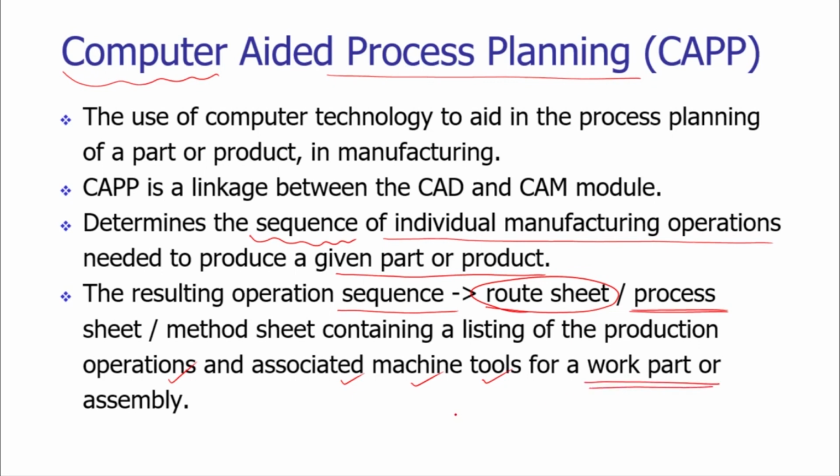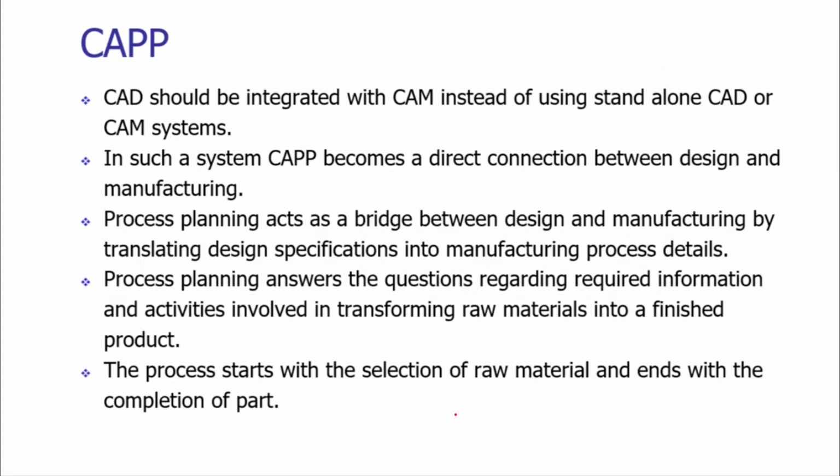the assembly. In general, it is expected that the CAD should be integrated with the CAM. Using the CAD or the CAM software in a standalone fashion will not work. There has to be a mechanism which will integrate the CAD and CAM, and that is nothing but the CAPP.